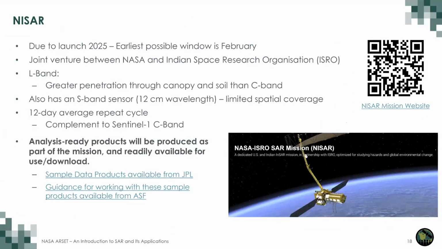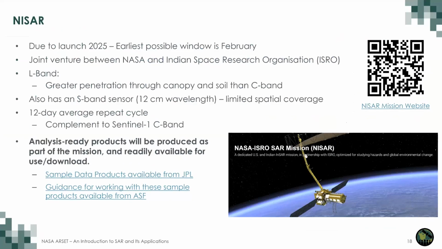And what's interesting about this mission is that it also has an S-band sensor. It's not going to be collecting data globally. There'll be global L-band data, but for the S-band, it's mostly over India and a few other particular areas of interest. And we're really excited to see how this S-band data can be used for research applications.